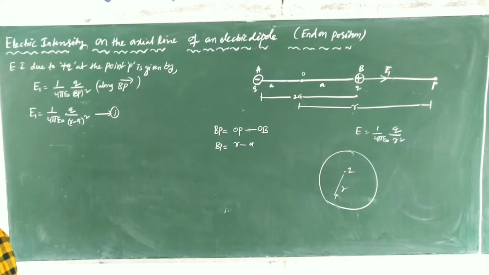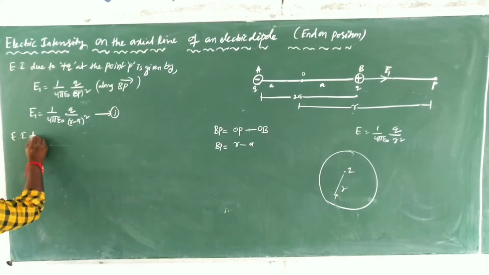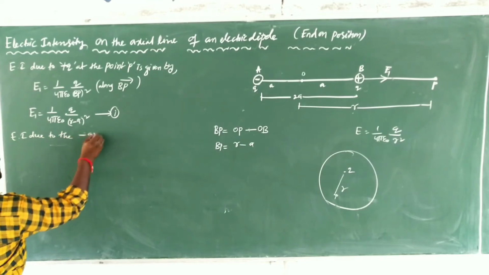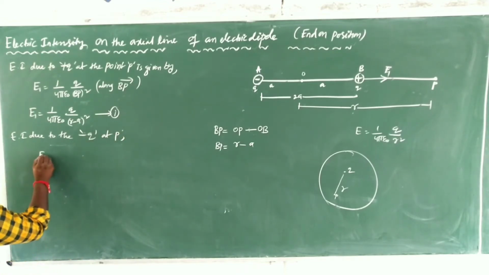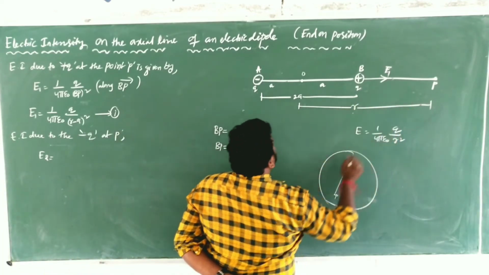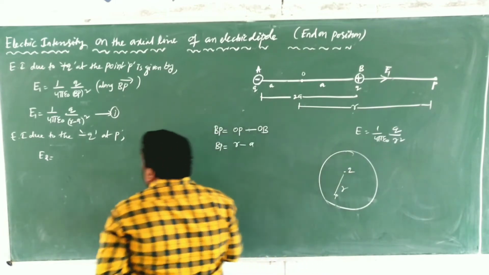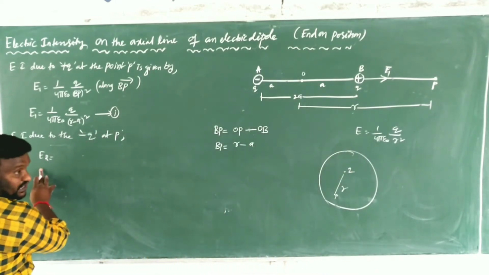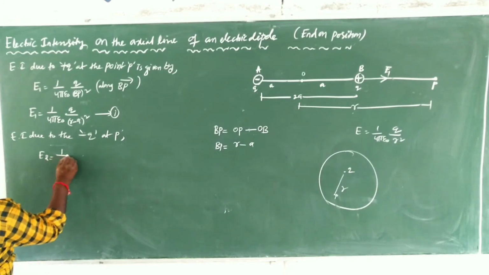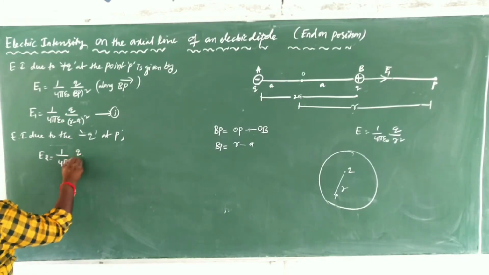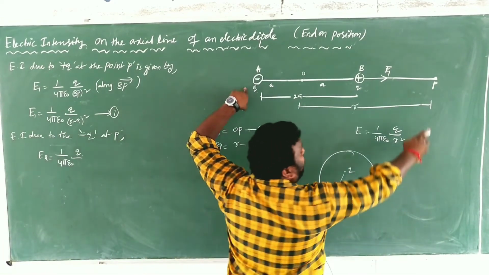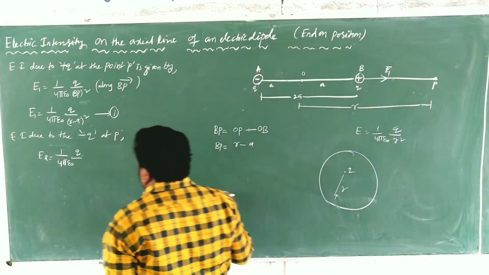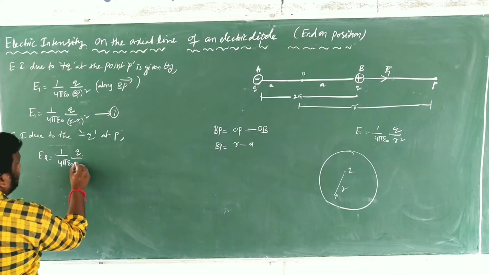Clear, children? And similarly, electric field intensity due to the negative charge at P. So we will write like this, E2 is equals to, so plus Q shows some effect there, minus also shows an effect. So then what we write is electric field intensity due to the negative charge is given by E2 is equals to 1 by 4 pi epsilon naught Q by, what is that? From the negative charge A to the point P, how much distance is there? AP. So that's why here I am going to write AP square.